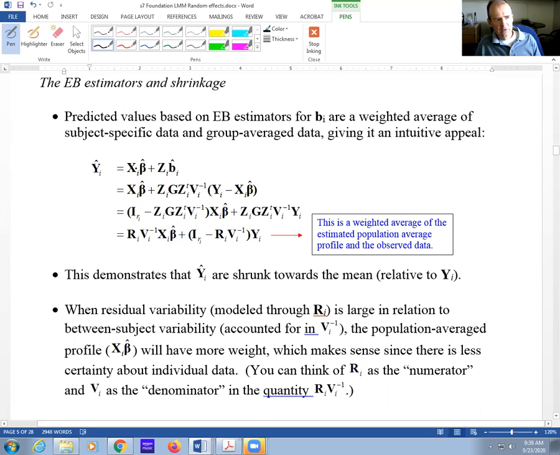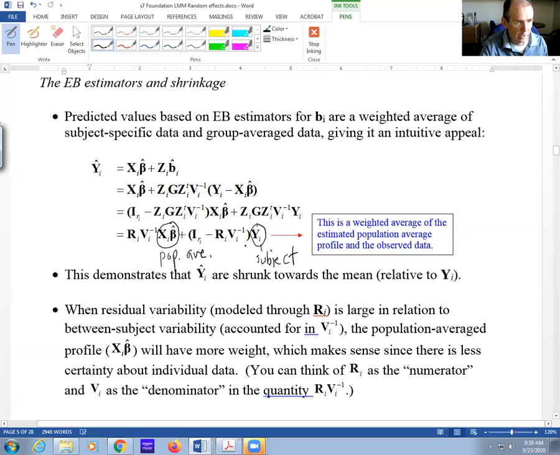But if we're considering these predicted values that add in the random effects, then we can express this based on the previous formula. We can think of this as the population average piece, and then this is the subject piece.